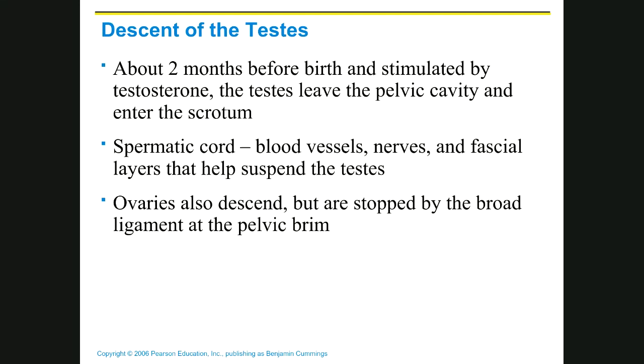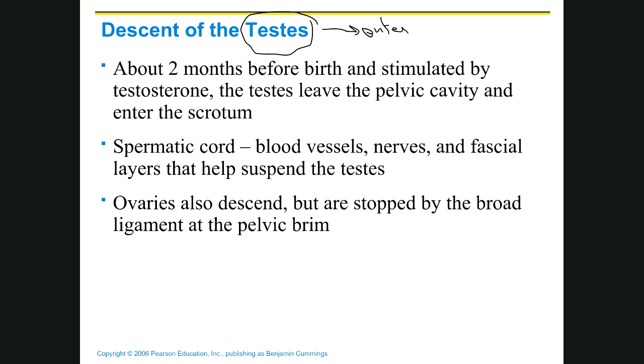Well, this happens pretty early in gestation. But remember what's going to happen is, we talked about the testes. Remember, the testes have to leave the abdominal cavity and they have to enter the scrotum. And remember, they descend.